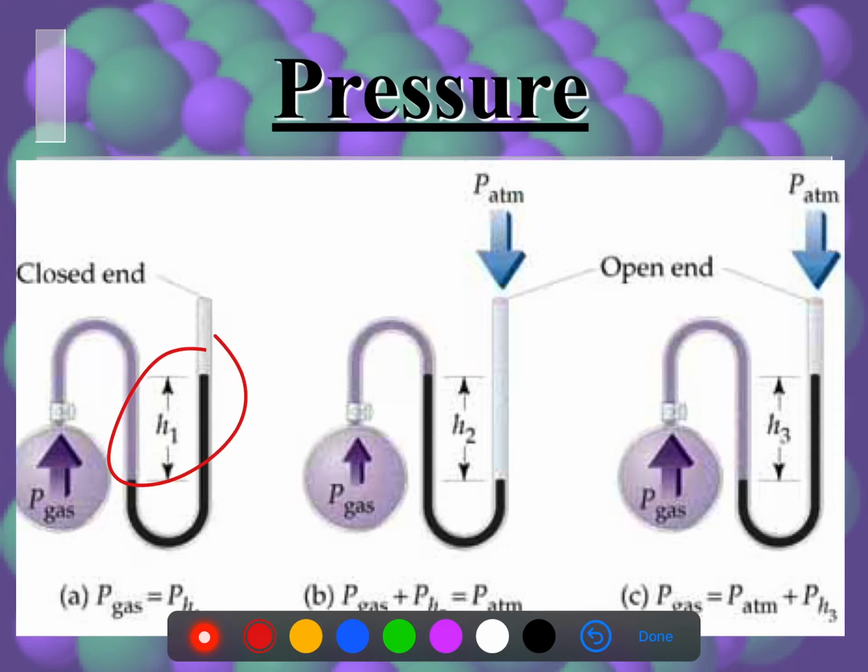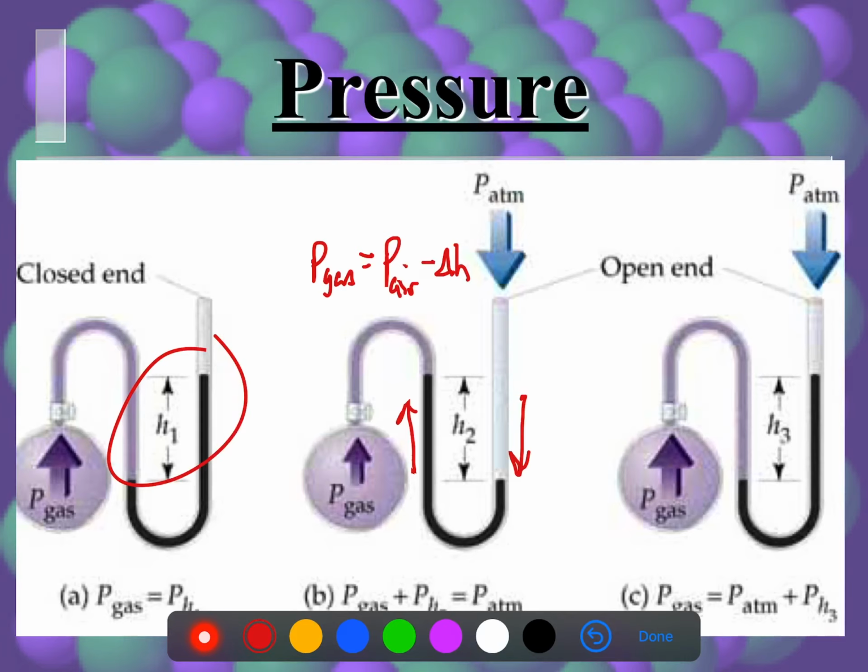But in an open-ended, you could have no movement, where the pressure of the gas is equal to the air pressure. Or you could have, again, where the column moves, where the higher height, the column moves from the atmospheric side towards the gas sample side. And in that case, the pressure of your gas is less than the pressure of your air sample above it, and you subtract delta H to get it.